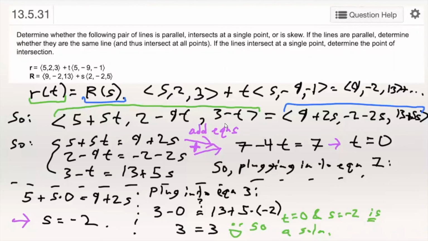The problem also asks us, though, to determine the point of intersection if they do. Okay, well, that point of intersection occurs when t equals 0 in the first equation, or occurs when s equals -2 in the second equation.